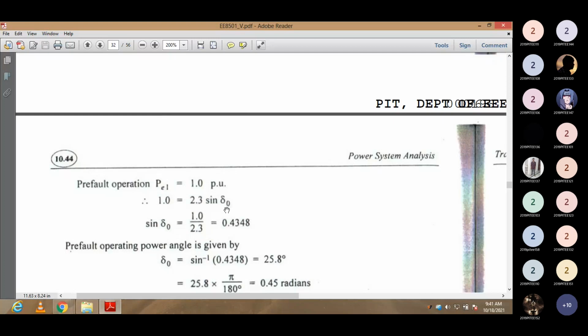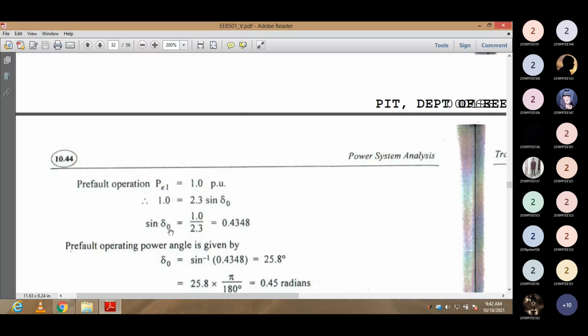Why I am changing del to del naught is because it is the initial operation. I am keeping my angle as del naught because I need to know the initial load angle, the angle preceding the fault. So 1.0 is equal to 2.3 sin del naught.